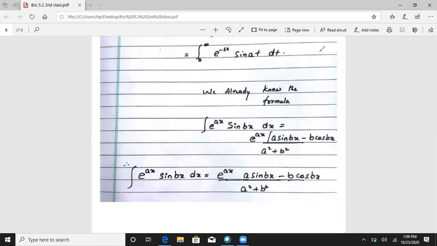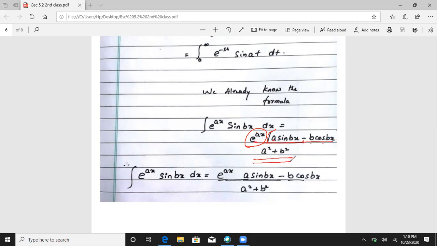Okay, I'll explain one more time. The integration of e to the power ax sin bx is equal to e to the power ax into the first function a into sin bx minus the second function b cos bx, the whole divided by a square plus b square.